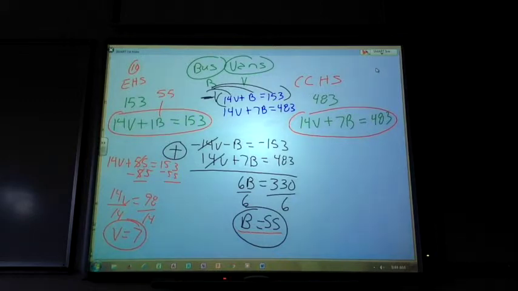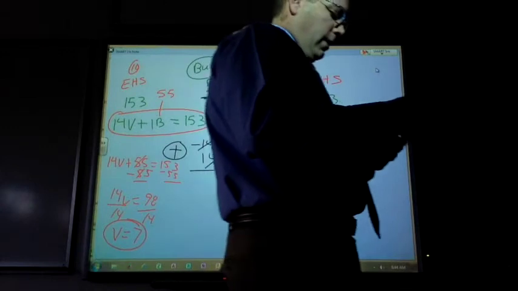Yeah, my vans can carry 7 people total. My buses can carry 55 total. I know that Eagle Crest required 14 vans for their trip and 1 bus. I know that Cherry Creek High School required 14 vans for their trip and 7 buses. Okay? I like it.